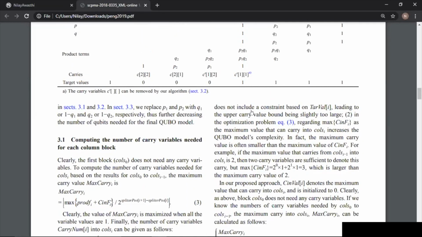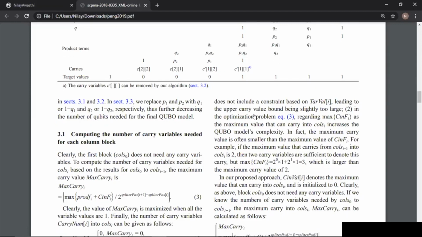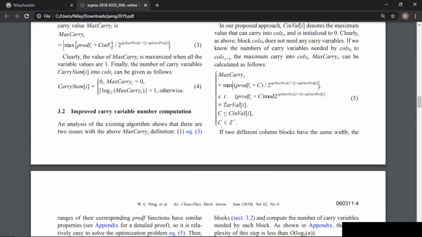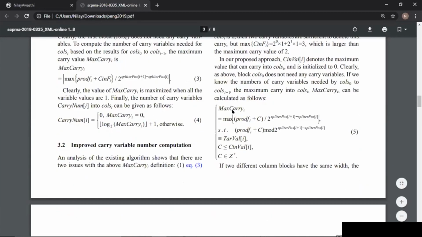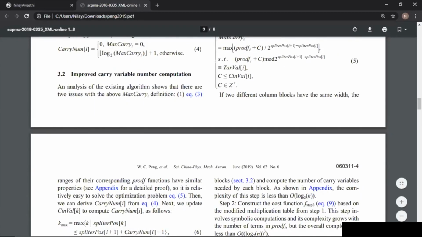One such way is, when you have more variables coming in, you try to find the relation between them, so you can omit one of them. It said that if two different column blocks have the same width, which means they have the same number of bits in their representation, then the ranges of the corresponding product functions have similar properties.